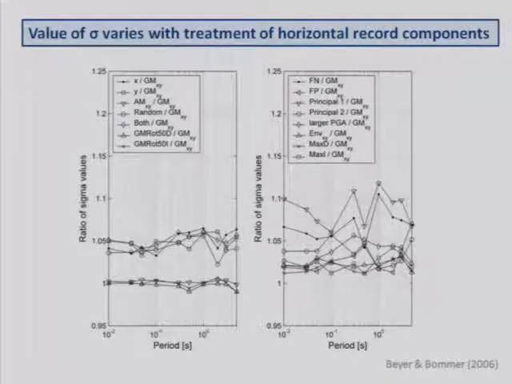So we have calculated here ratios of sigma values for all sorts of different definitions of the horizontal component with respect to the geometric mean. The differences aren't large. In many cases, it's 5% for most of the ones which are considered to be broadly equivalent to the geometric mean, but values up to as much as 10% larger are sometimes found with other definitions. And even though 5% doesn't sound a lot, if we can add or take off 5% to sigma, it can have a significant impact.